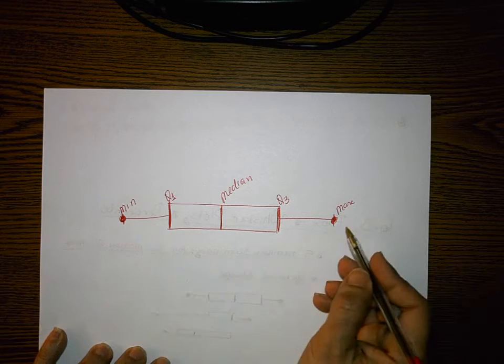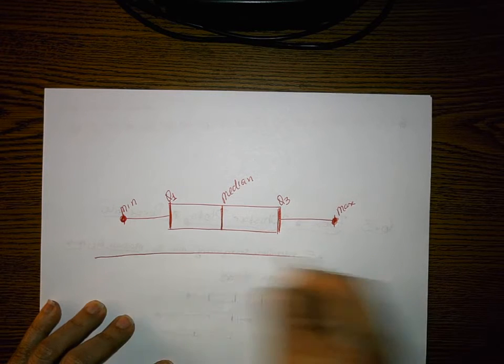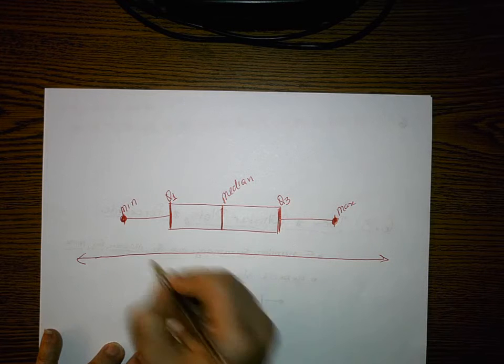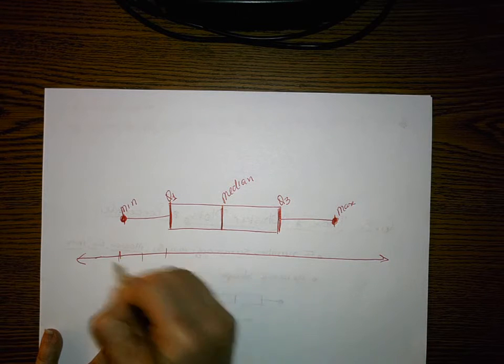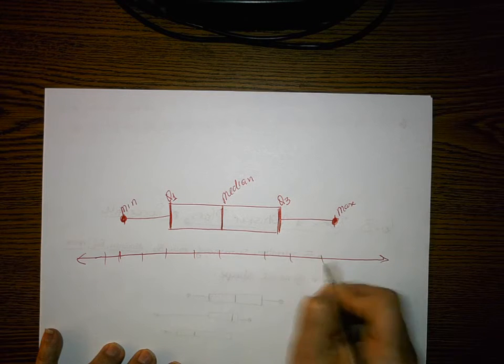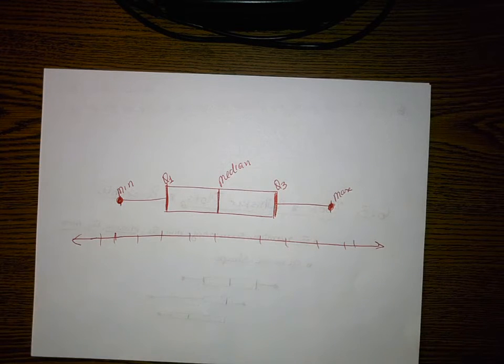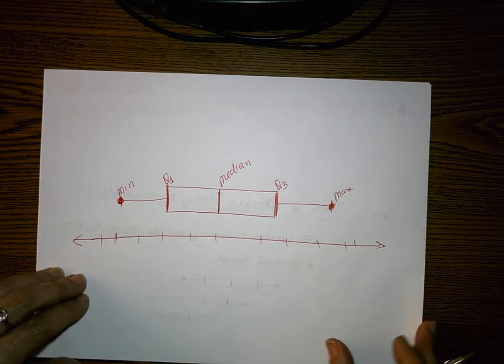Now, this doesn't mean anything if I don't have a number line below. The number line tells me the values. You can put all the values on the number line so we can guide our box and whisker plot. So that is roughly the general shape of a box and whisker plot.